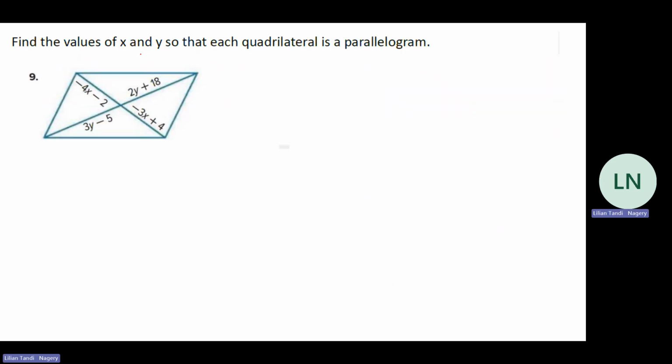Find the values of x and y such that each quadrilateral is a parallelogram. Now we know that the diagonals bisect each other. So that means this is equal to this, and this is equal to that. So let's do x here, and y here. Negative 4x minus 2 is equal to negative 3x plus 4.